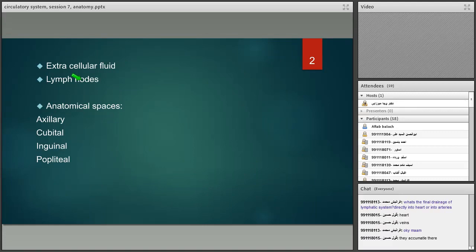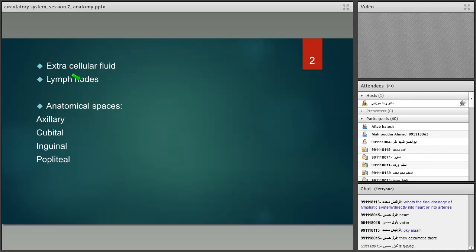So, if we see a cancer in some lymph nodes of the body, we can follow the way of the lymph vessels to see where is the origin of the cancer. Think about the breast cancer. The breast lymph vessels are draining into the axillary nodes.